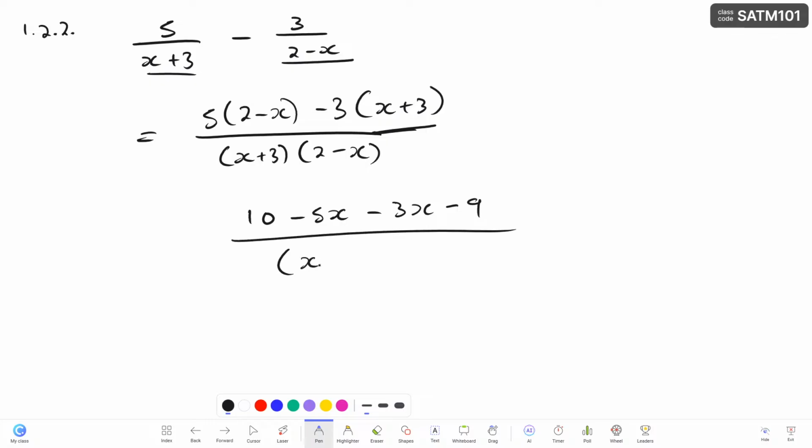And divide by x plus 3, then 2 minus x. Let's add the like terms. This gives us negative 8x. Then 10 minus 9 is 1. So the final answer is going to be this one.